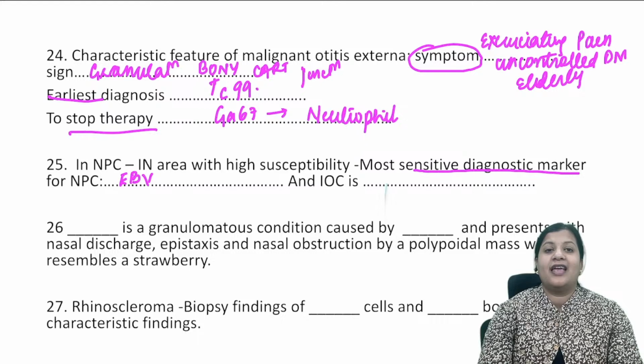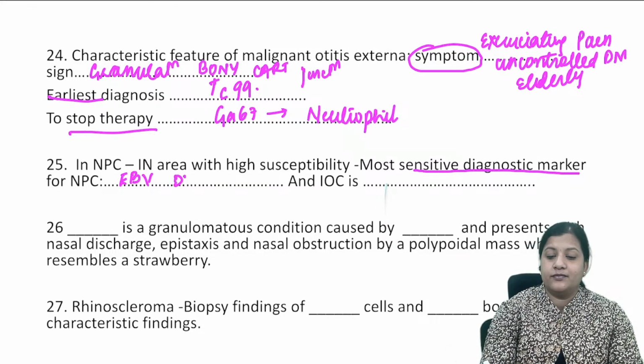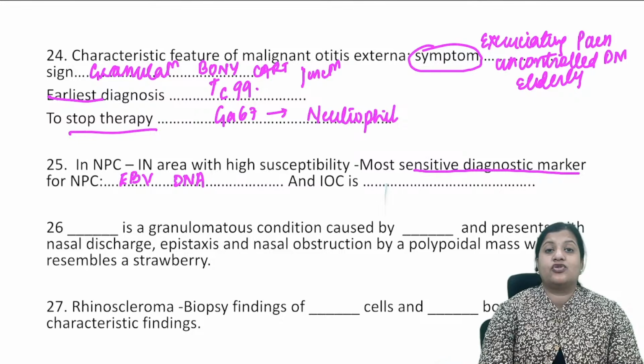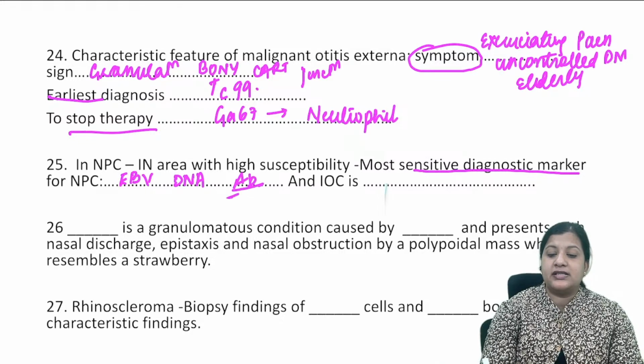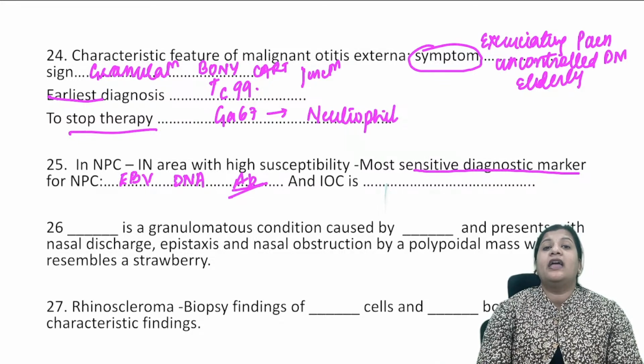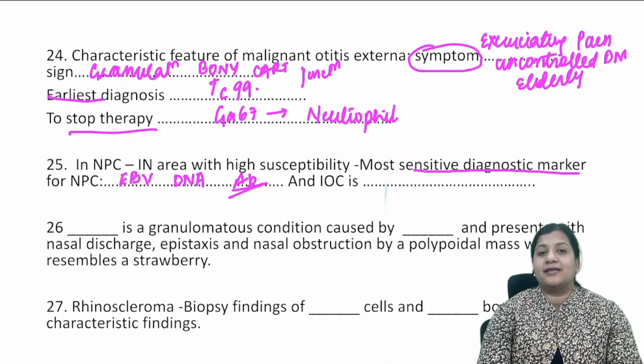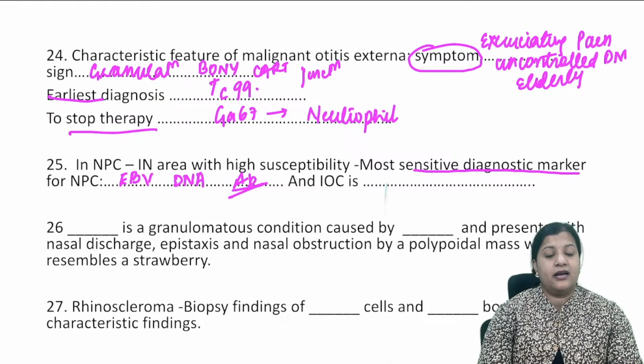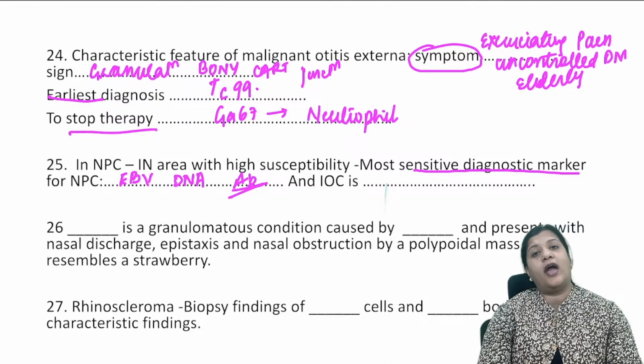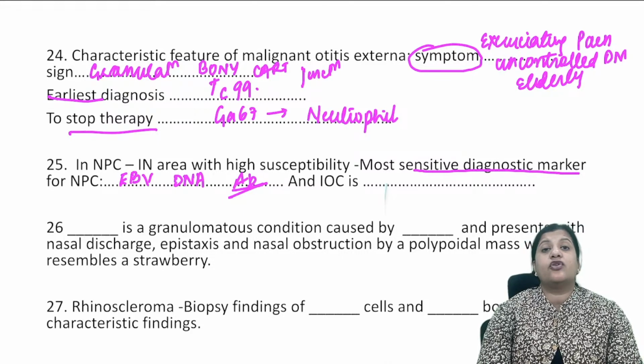IgG or IgM against EBV DNA? Yes, so EBV DNA antibodies are tested to identify if there is any high possibility of cancer in these patients. EBV antigen and also antibodies are used, but antigen is not highly specific. The most sensitive marker will be the EBV DNA.